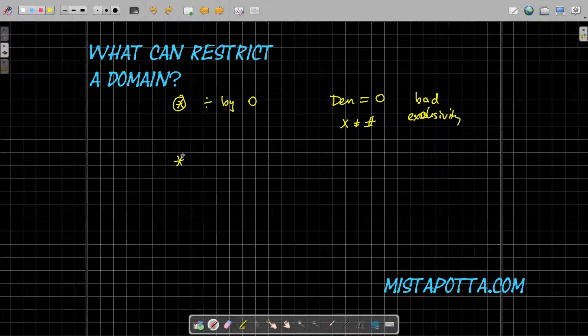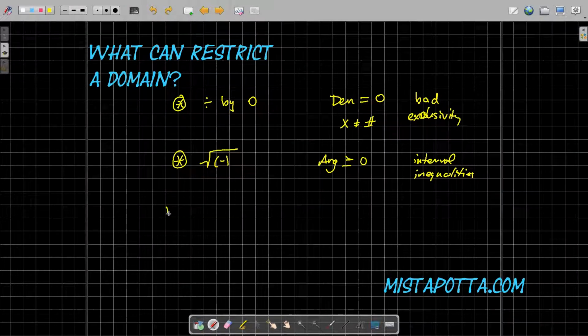The other thing that can affect a domain is if I take the square root of something that's negative. And so whatever the argument is inside the square root, I want this to be greater than or equal to 0. So this often works better with intervals or inequalities.